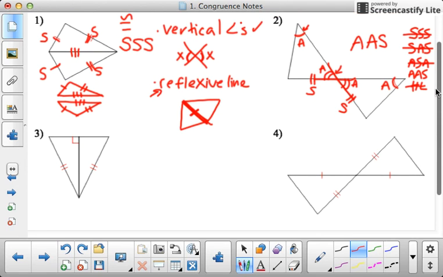So when I scroll down and look at these next two, I'm seeing something really important. So if I list out my options, side, side, side, side, angle, side, angle, side, angle, angle, angle, side, and hypotenuse leg, I see something really important here. I see a box. This tells me that this is 90 degrees and this is a hypotenuse.